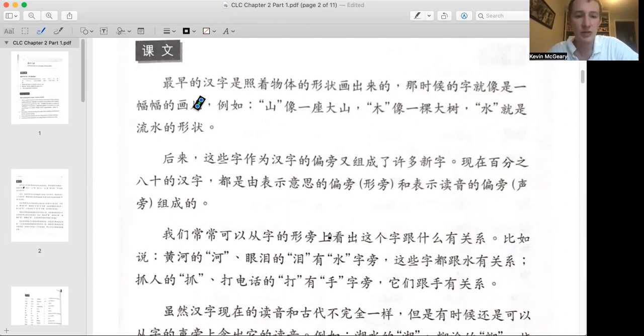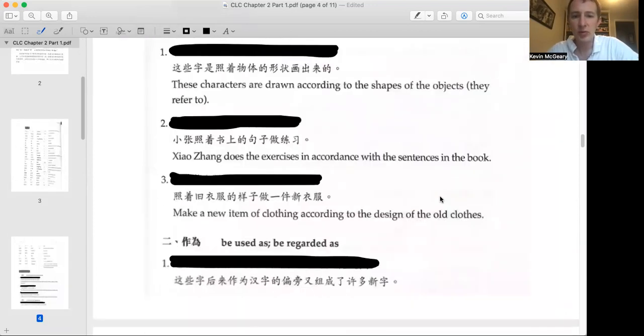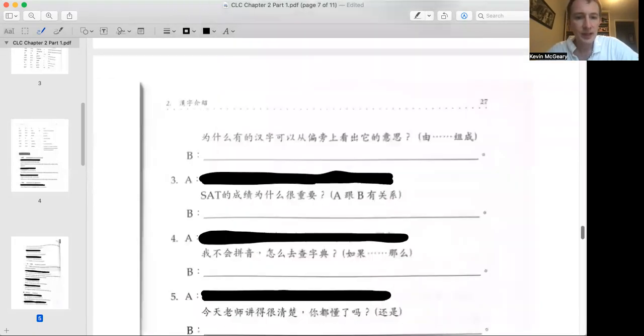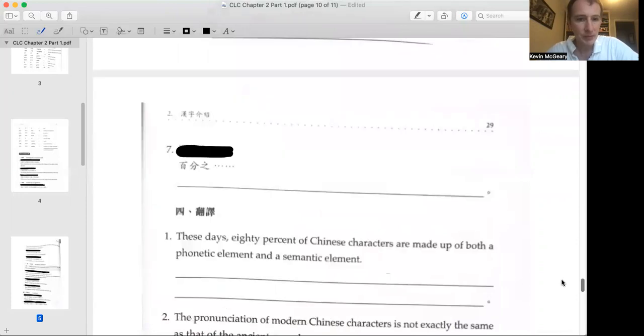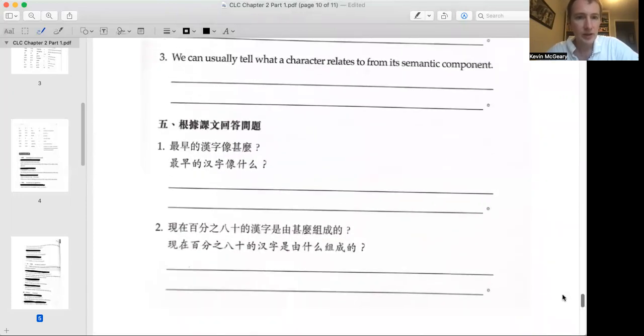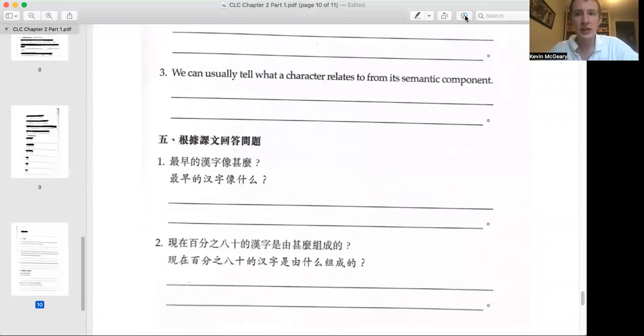So let's breeze down to the first comprehension question, and we'll answer it before moving on with the material. 最早的汉字像什么?